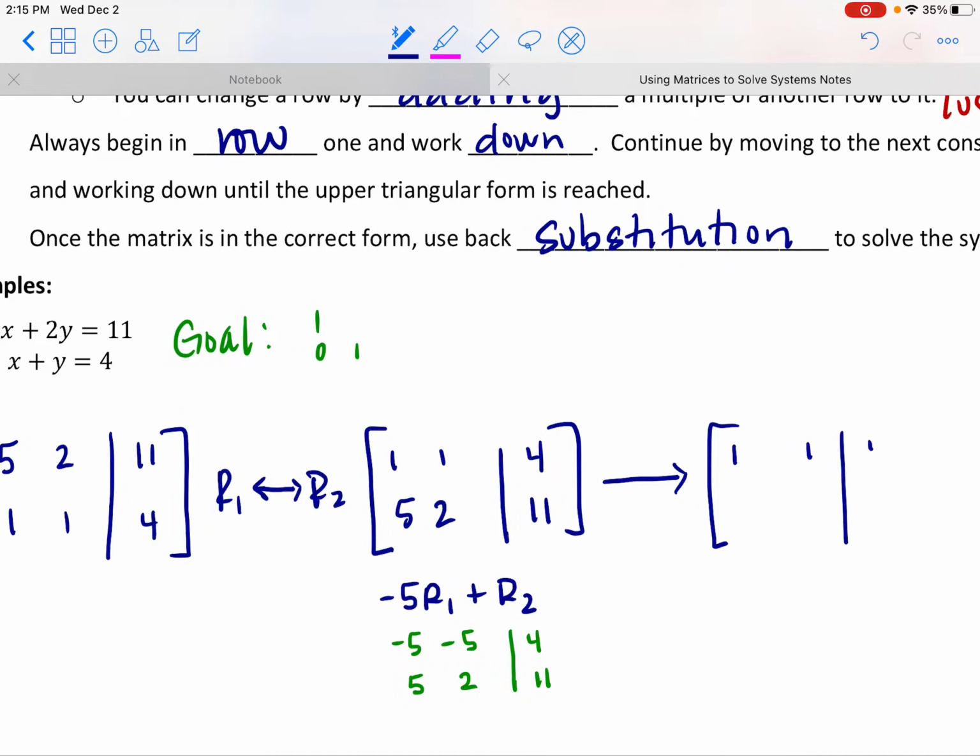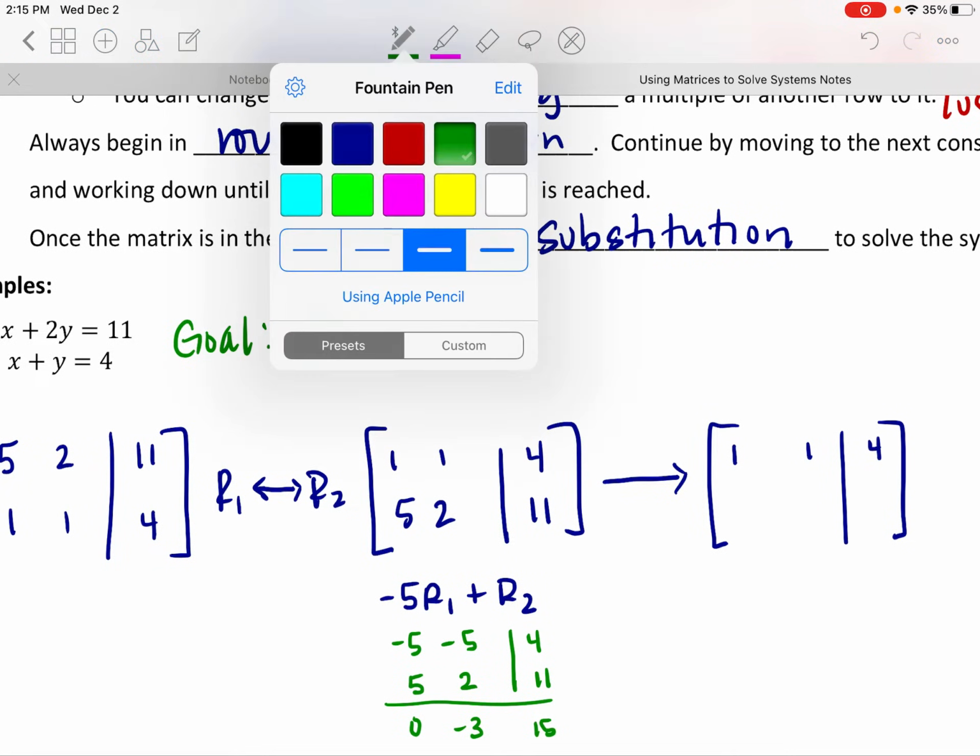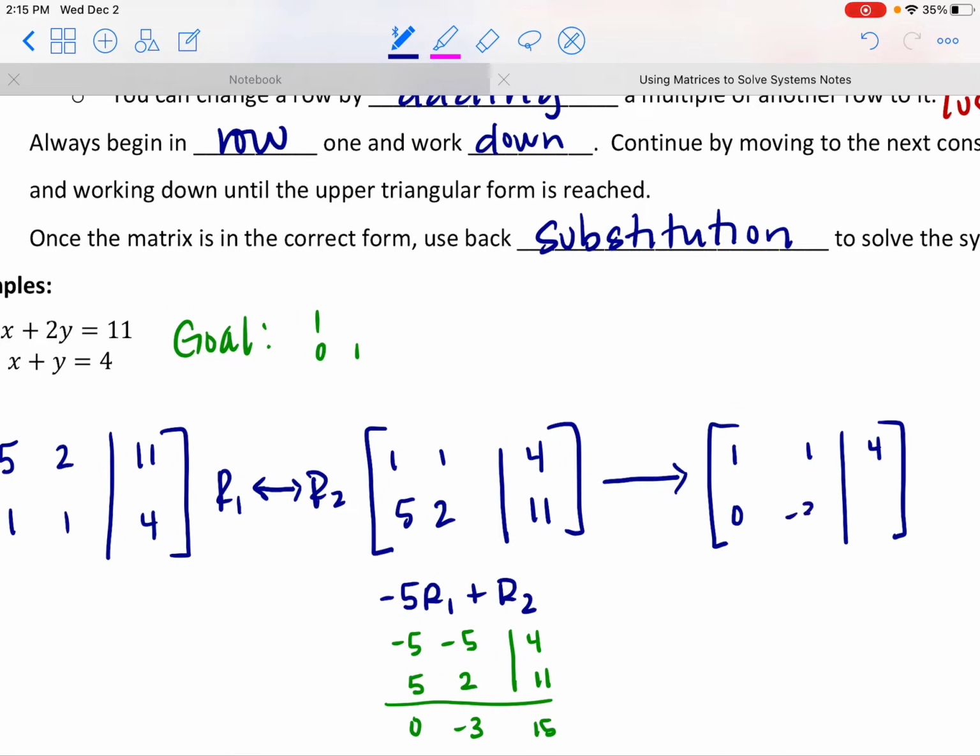I'm just using a multiple of it to change row 2. If I do negative 5 times row 1 and add it to row 2, that is to get a new row 2. So my new row 2 becomes 0, negative 3, and negative 9.